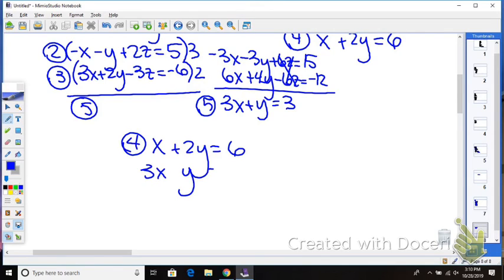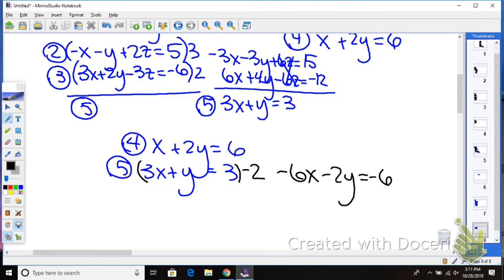So if I need to get rid of y, what do I need to multiply this bottom one by? -2. So let's go ahead and do that. And when I do that, I've got -6x minus 2y equals -6. And then I've got x plus 2y equals 6. And you guys go ahead and finish this all the way through. Find your x, your y, and your z.